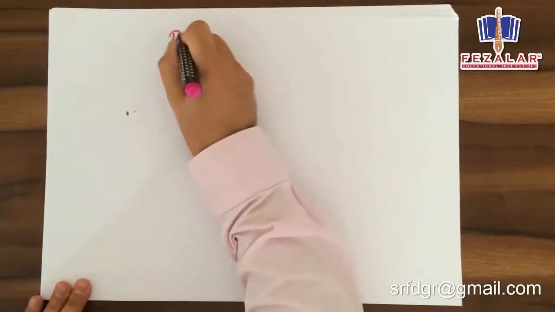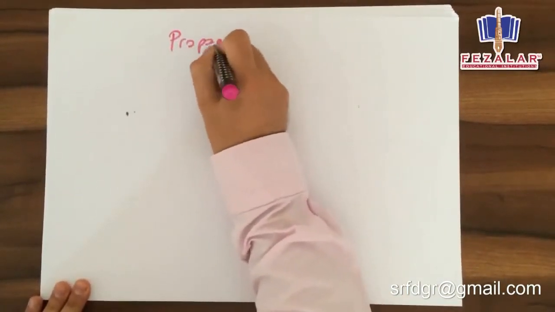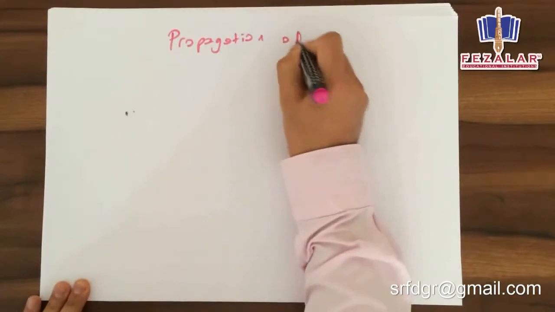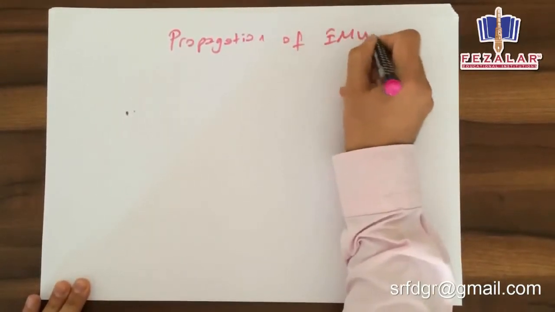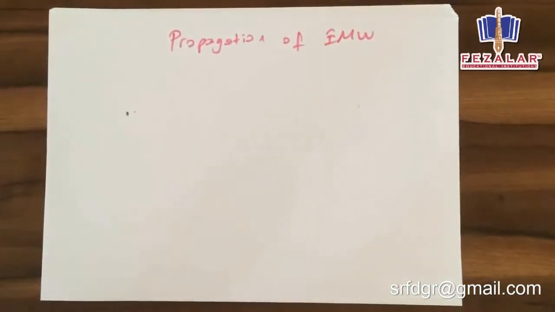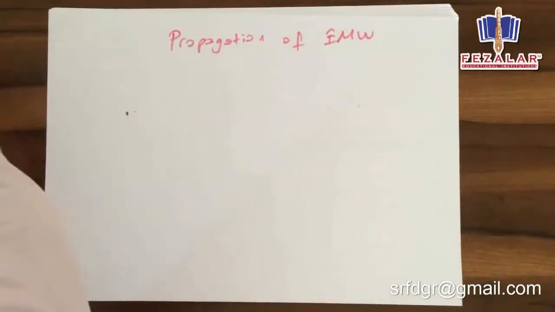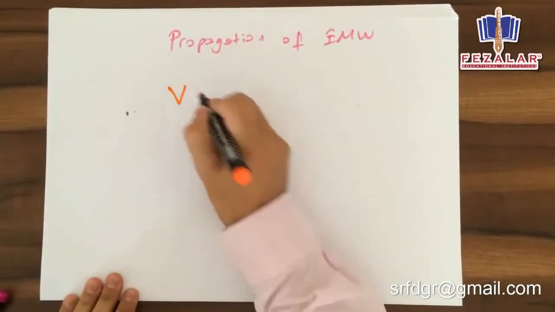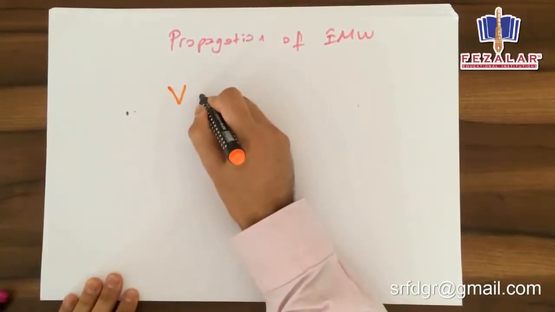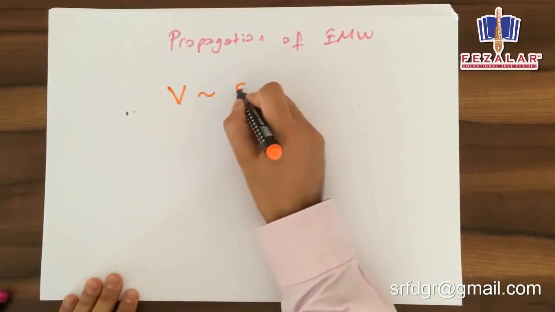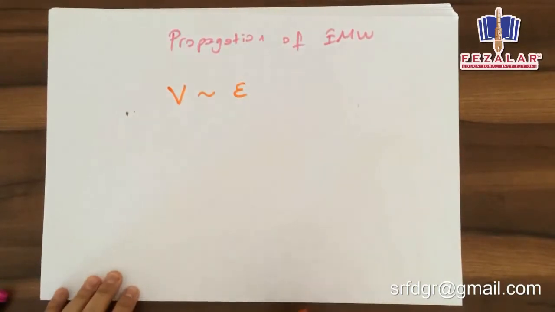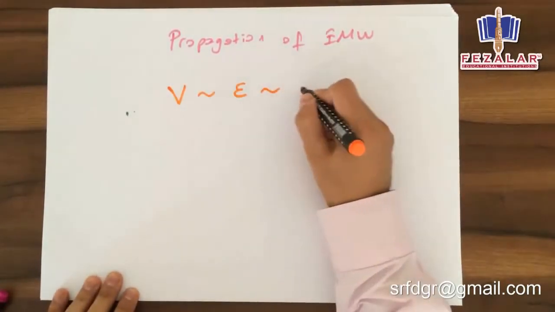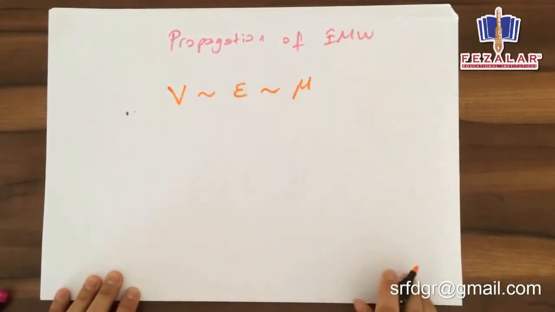Now, propagation of electromagnetic waves. The speed of an electromagnetic wave depends on two things. The first one is electric permittivity, and the second one is magnetic permeability.